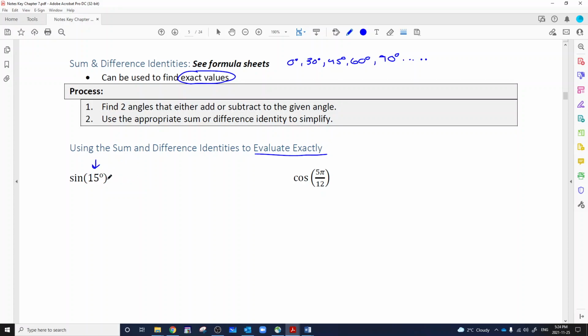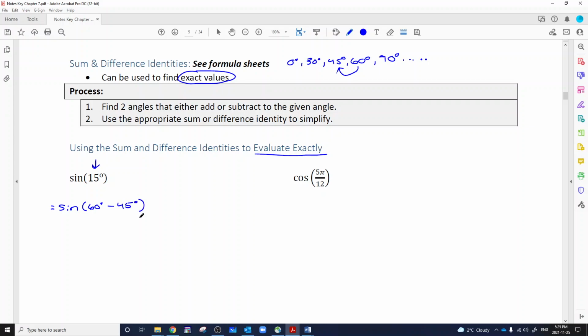So if you were trying to get the number 15, for example, you could do 45 minus 30 or 60 minus 45 to make the 15. So let's just choose the 60 minus 45. So I'm going to replace sine of 15 degrees with the sine of 60 degrees minus 45 degrees.